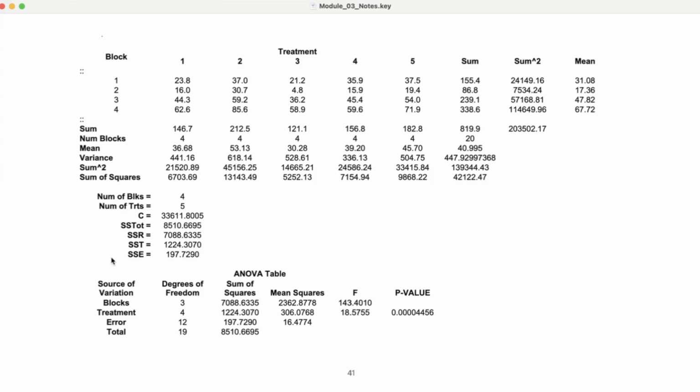I really wouldn't need to have SSE right here because I calculate that down in the ANOVA table by subtraction as well. So anyway, you can pause the video and go back and compare this to the values that we obtained when we did the calculations by hand.